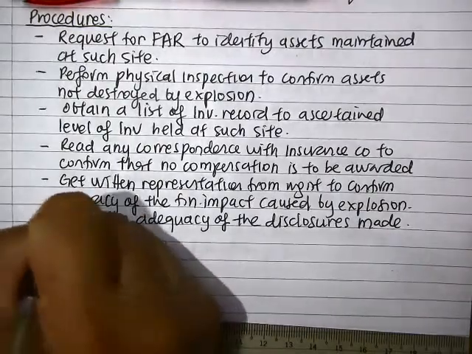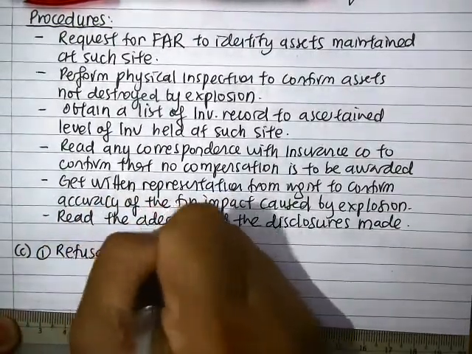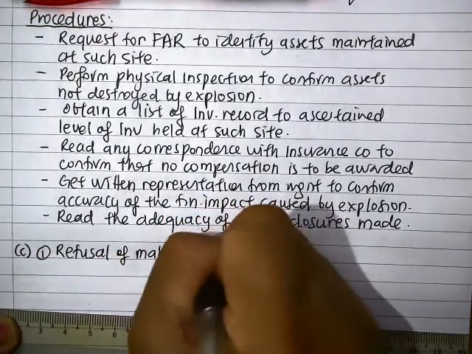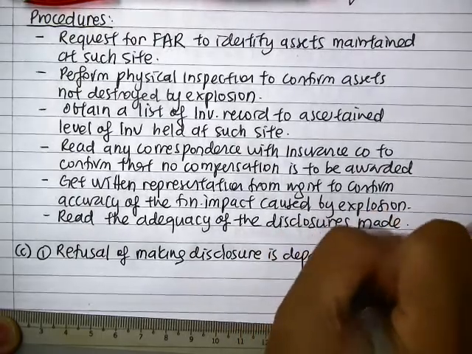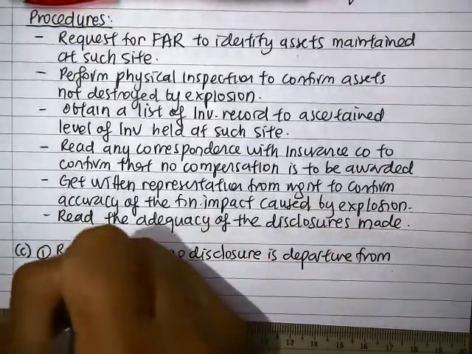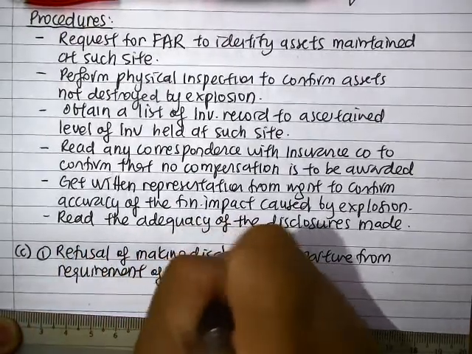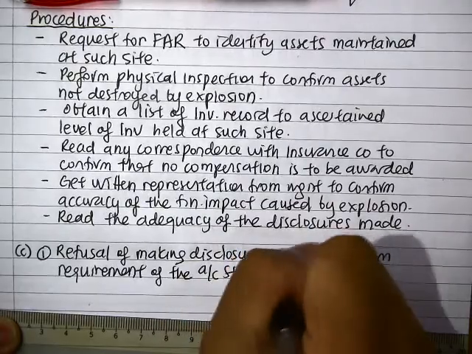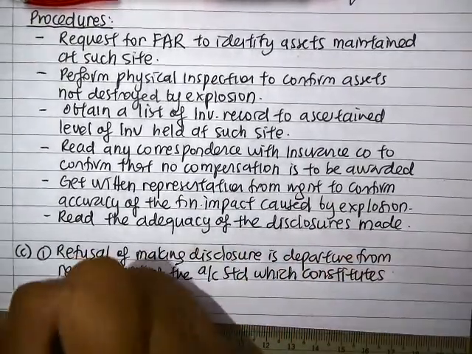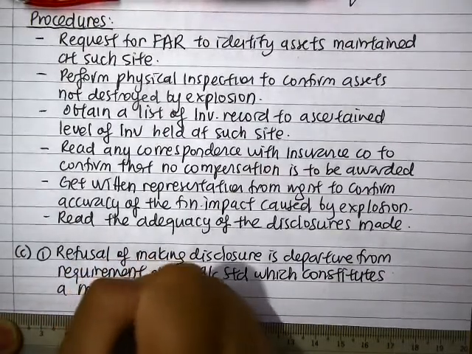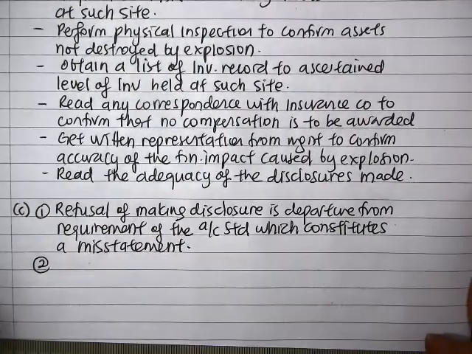So first, the refusal of making disclosure is a departure from the requirement of the accounting standard, which constitutes misstatement. Because misstatement is when you don't follow the standard. Okay, so this is a misstatement.